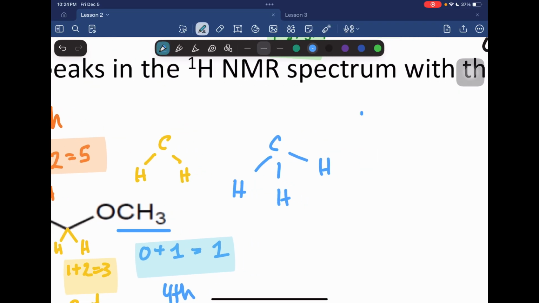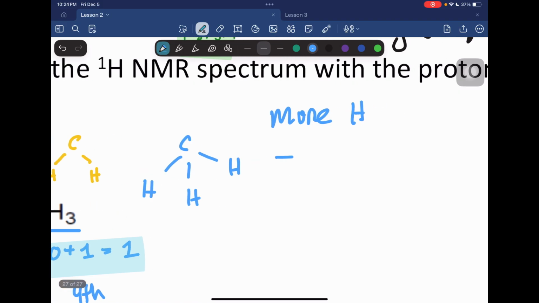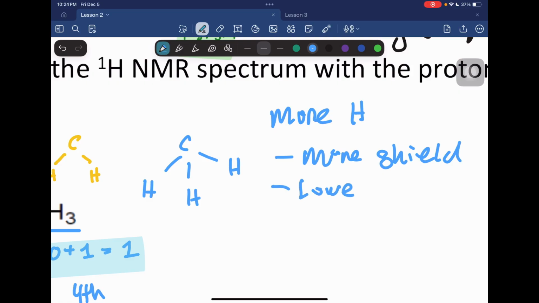So more H, more shielded. Okay, and what does more shielded mean? It's going to have lower frequency.